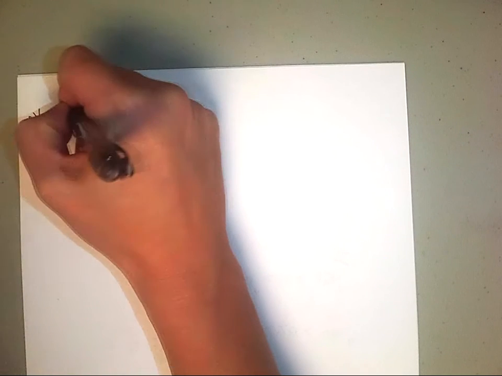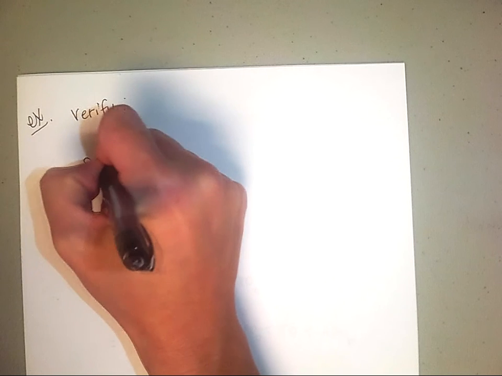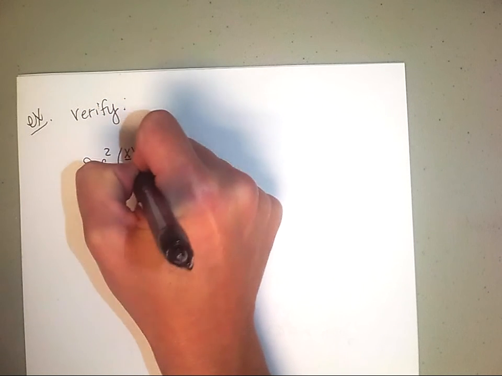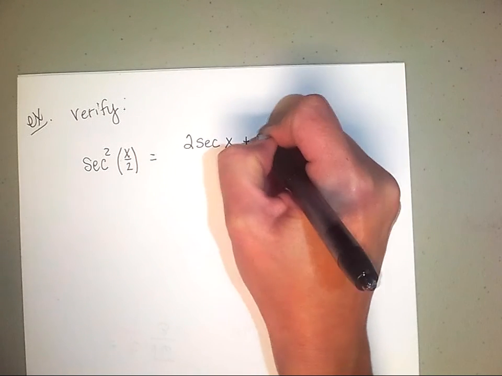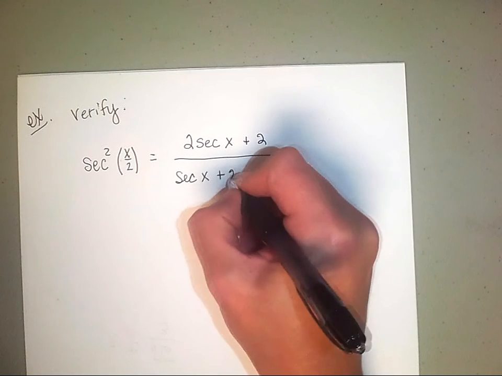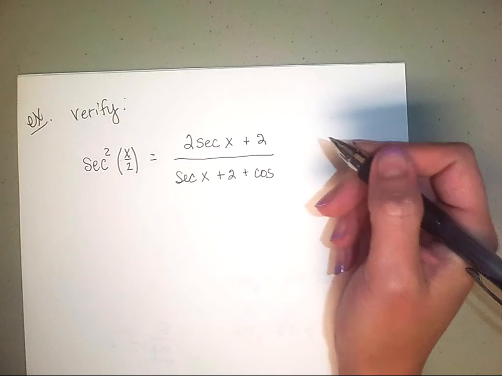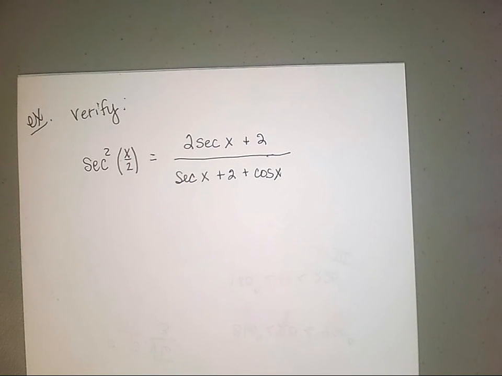So let's say we have to verify secant squared of the half angle is equal to 2 times the secant of the regular angle plus 2 over the secant of the single angle plus 2 plus the cosine of the single angle.